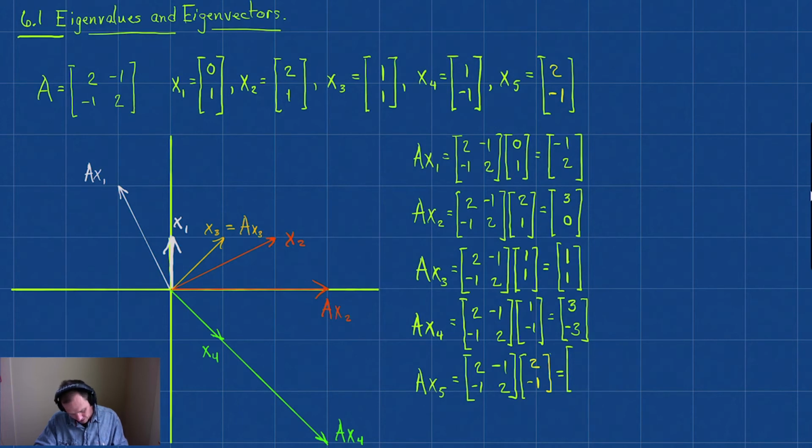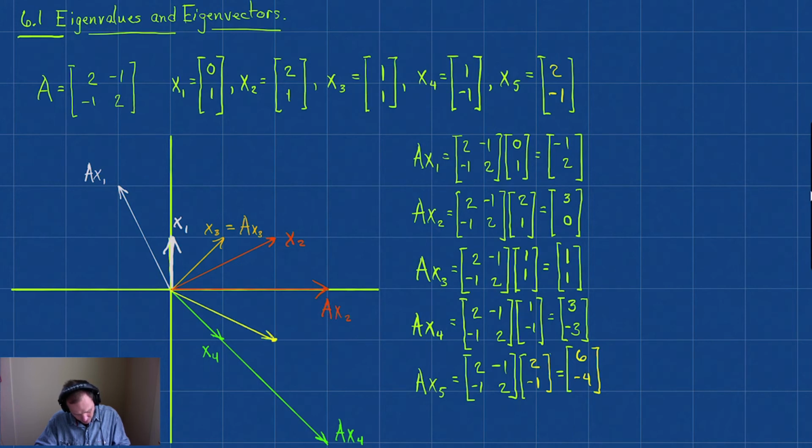Okay, so that's going to be 4 plus 1 more is 6. And it's going to be a minus 2, minus 2 more is minus 4. Okay, let's graph that. So (2, -1) is this vector right here. That's my x5.